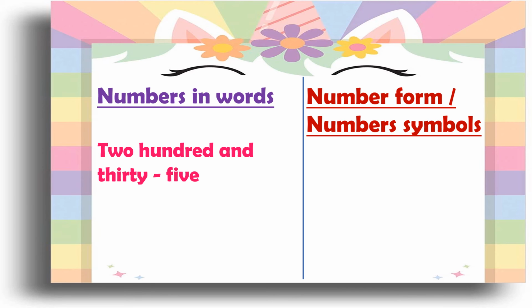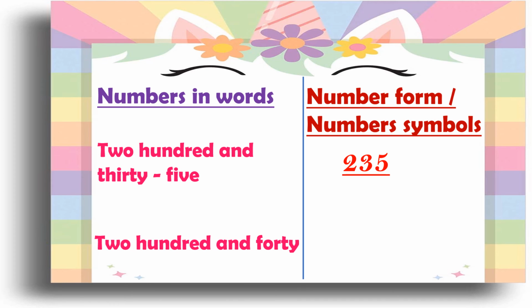Next example is 235. When you write 235 in number symbols as 2, 3, and 5. When you read these number symbols and numbers and words as 235. Next example is 240.